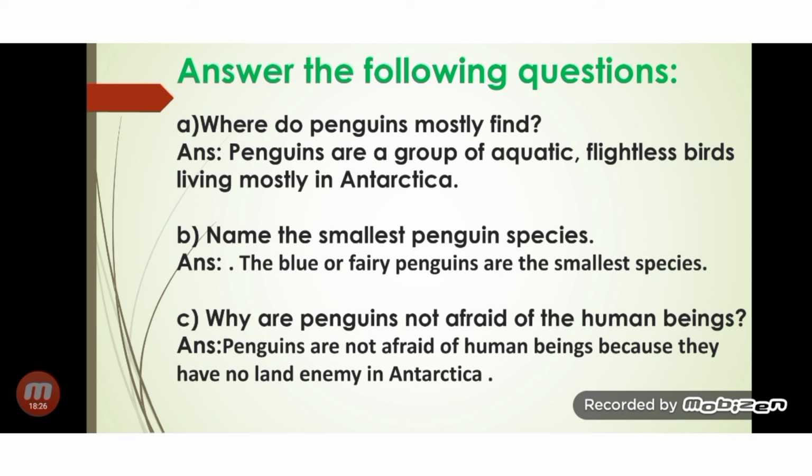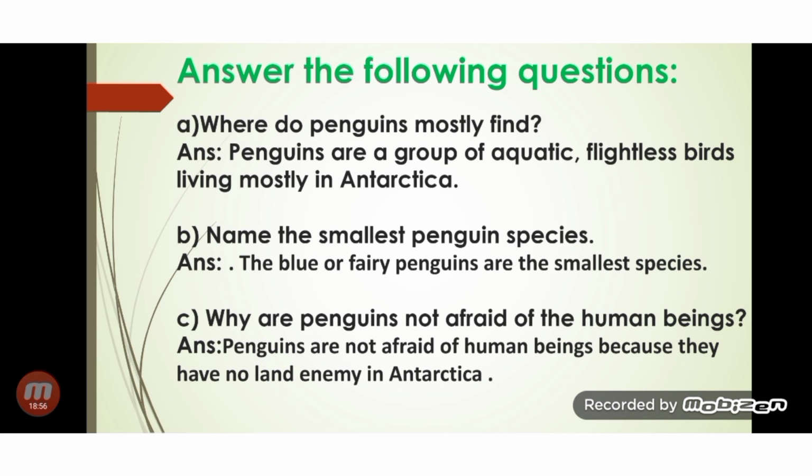Now answer the following questions. Here 3 questions are mentioned. You have to write the answers to these 3 questions by following the unseen passage. So let's try to make the answers to the questions. A. Where are penguins mostly found?